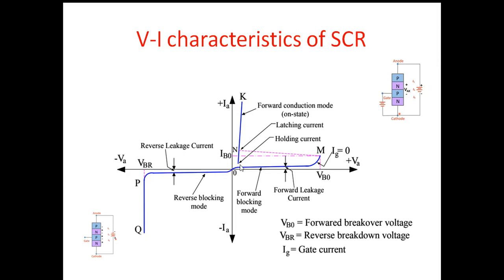The minimum current will be flowing through the device, a very minimum amount of current. That is the forward leakage current. If the supply voltage exceeds the forward breakover voltage of the SCR, then the device will start conducting.